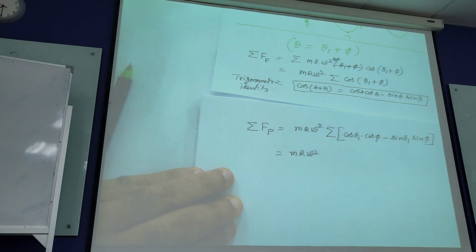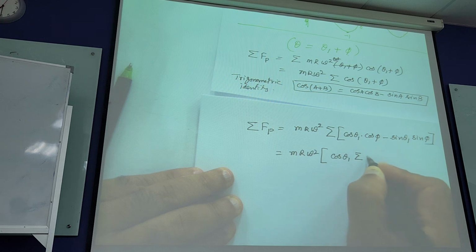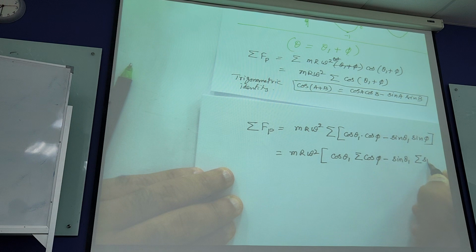Now we can take out m r omega square. Theta 1 is the current angle, which is constant, so we can take out cosine theta 1 and apply the summation to cos phi. Similarly, we can take sin theta 1 and apply the summation to sin phi.